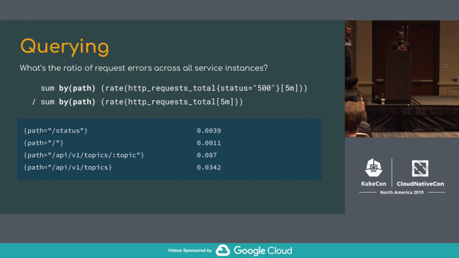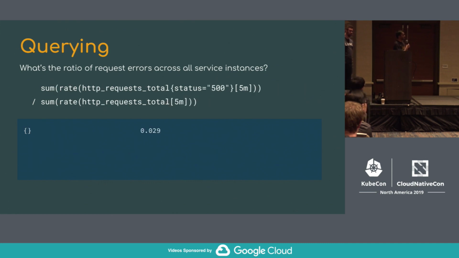We divide it by the total number of HTTP requests that you are getting, and hence we get the errors per path. But if we don't want it per path, we can just remove the by path in the query, and we can aggregate it over all the requests that we are getting for the errors.